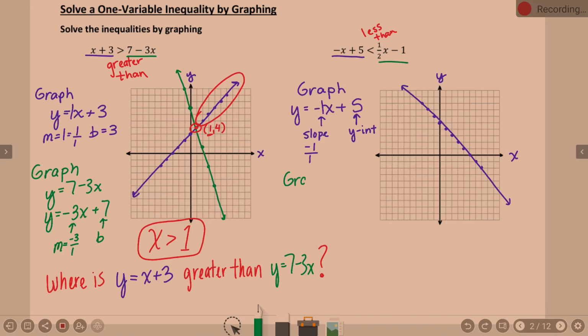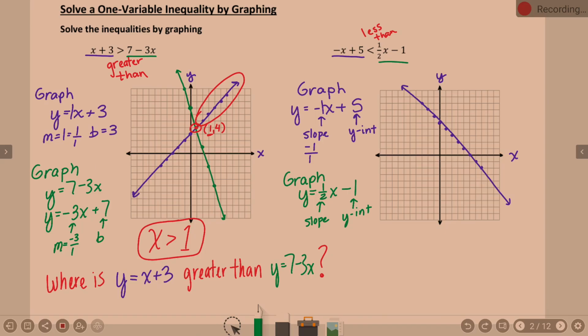Graph y equals 1/2 x minus 1. Y-intercept of negative 1 and a slope of 1/2.